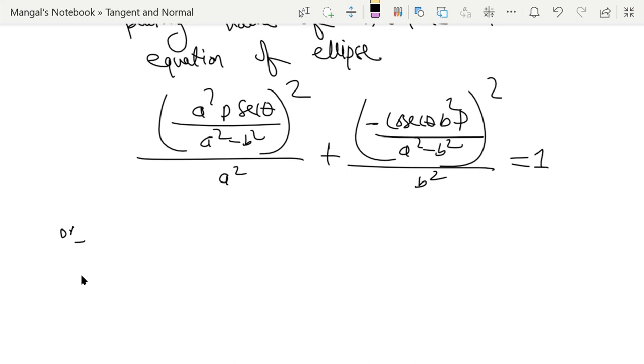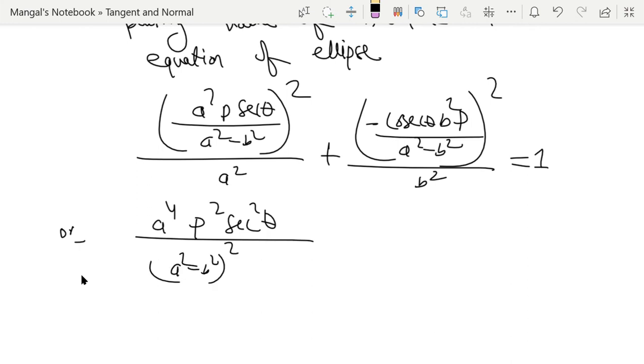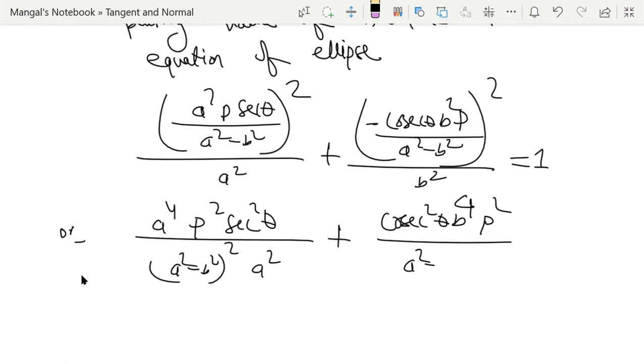So a power 4 p square sec square theta divided by a square minus b square whole square, and a square is down, so let's keep same over here. Minus square, it removes, will be plus, and cosec square theta b power 4 p square divided by a square minus b square whole square, and down there is b square, so let's keep same.